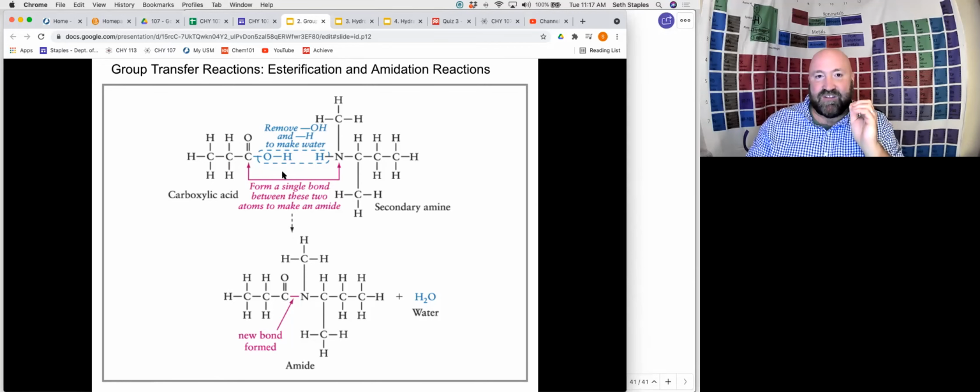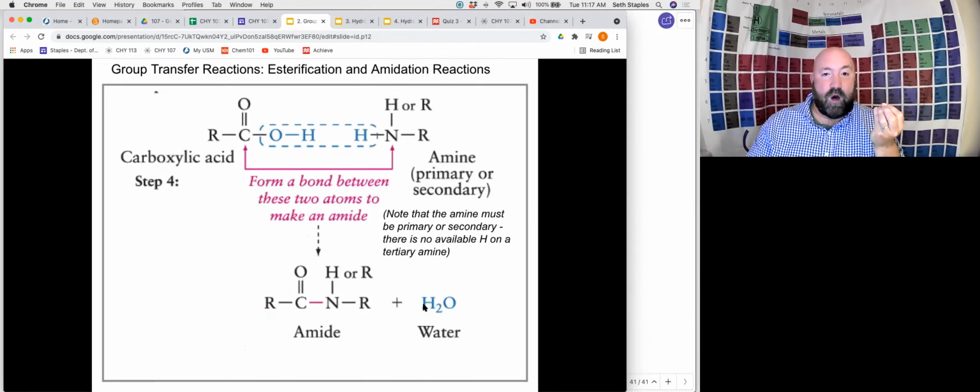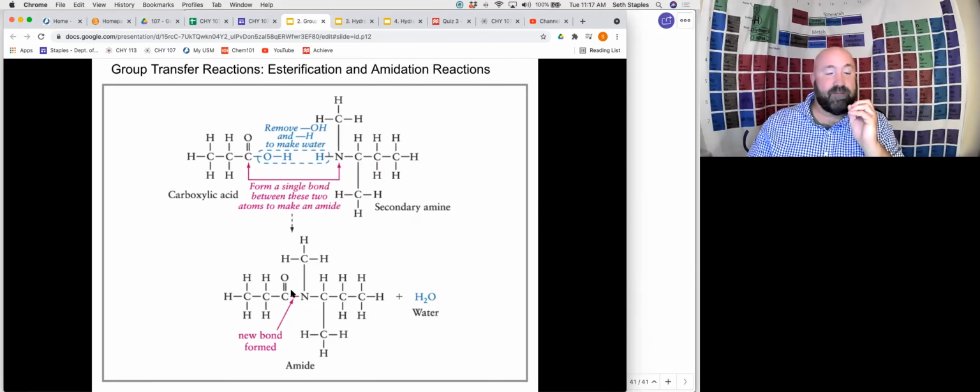And that very essence in these group transfer reactions is simply that we're taking out the OH from one molecule and the H from another. Those are going to come together to make water. And in that process, when those are removed, we form a new bond here, and everything else just comes along for the ride.